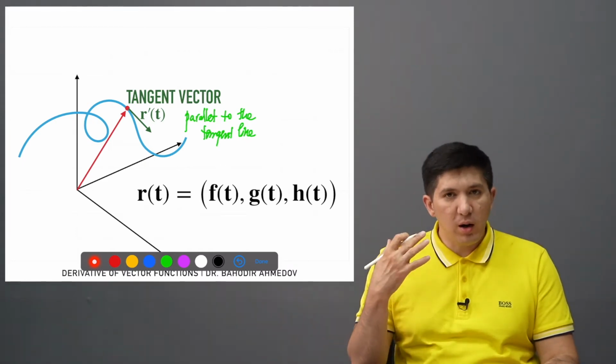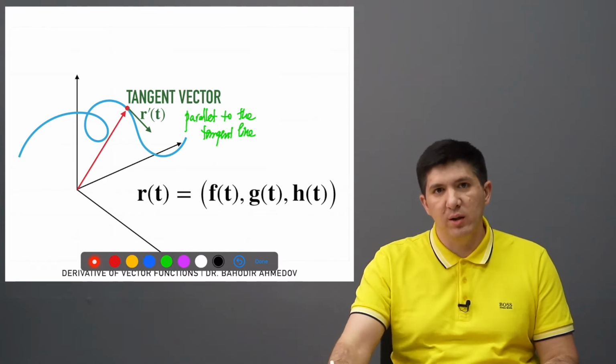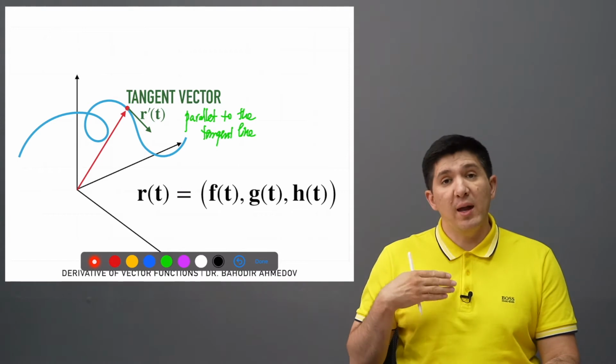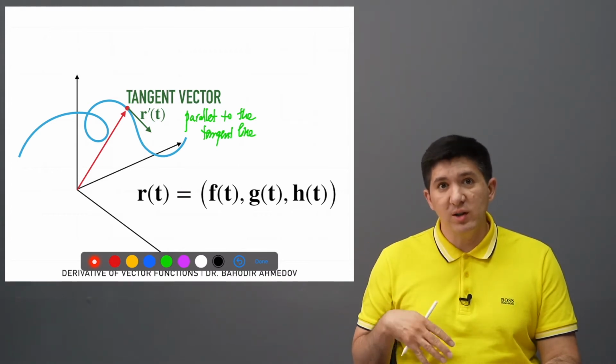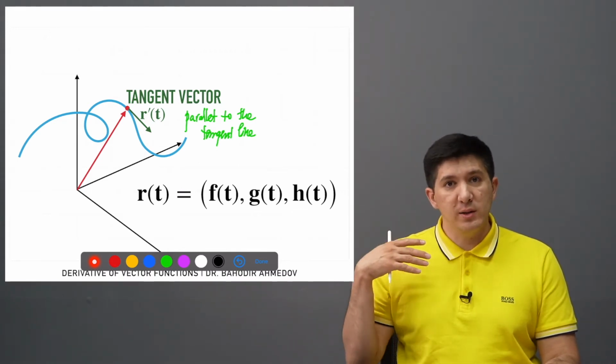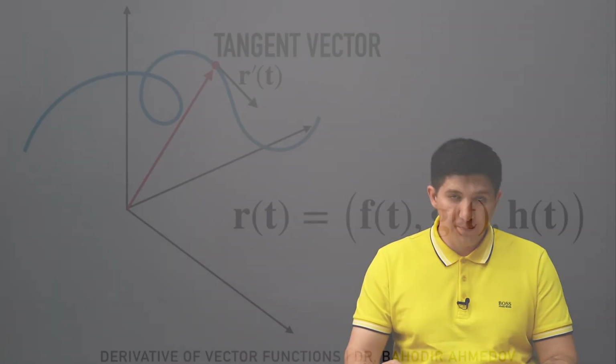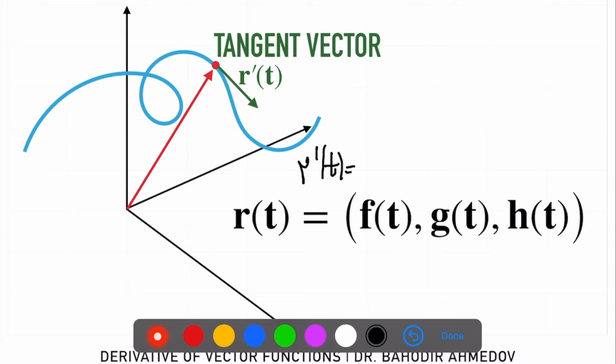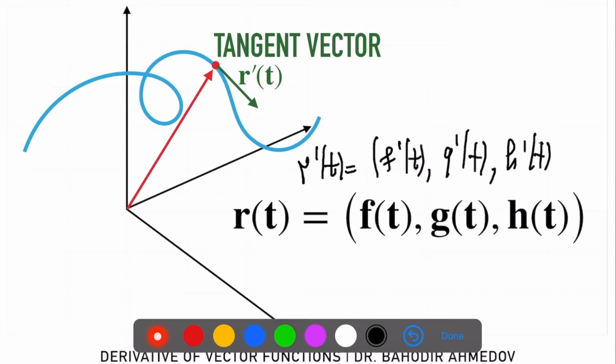So we are going to deal with vectors in 3D. If you are given a vector function in 3D, it means that it is going to have 3 components, then the derivative of this vector function is also going to be in 3D, and it's also going to have 3 components. The derivative r prime of t is going to be equal to f prime of t, g prime of t, h prime of t, which is natural, right?